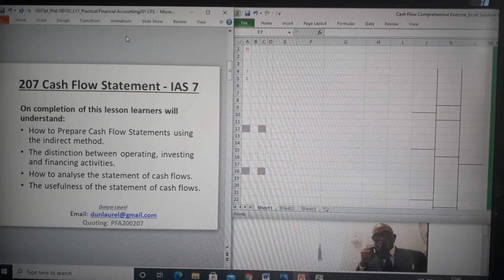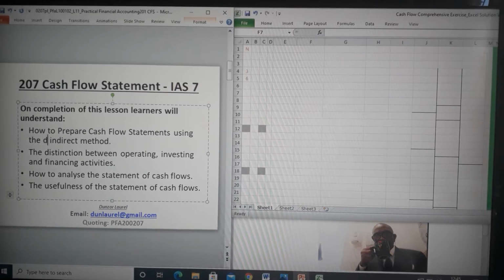So on completion of this lesson, learners will understand how to prepare a cash flow statement using the indirect method. I think I can include using the direct and indirect method. I have enough material or figures to explain both.